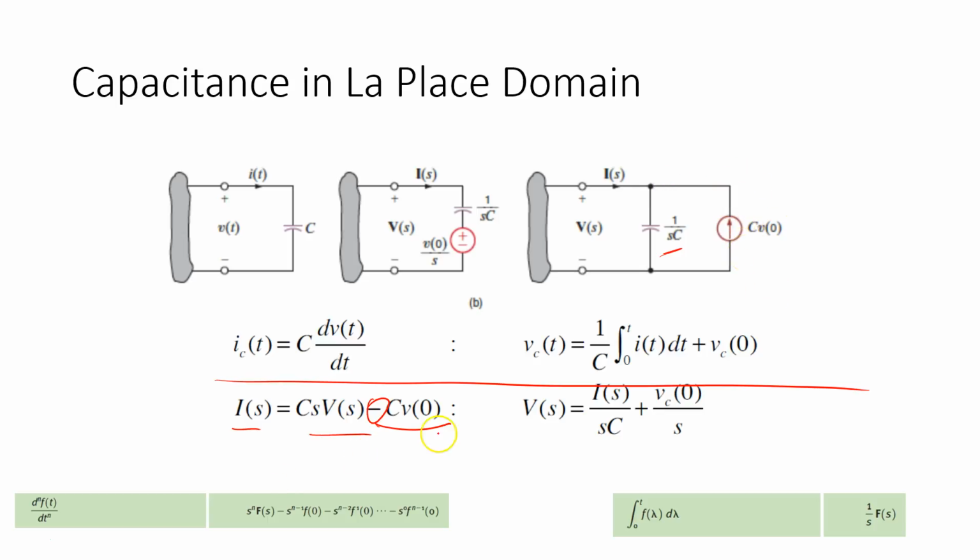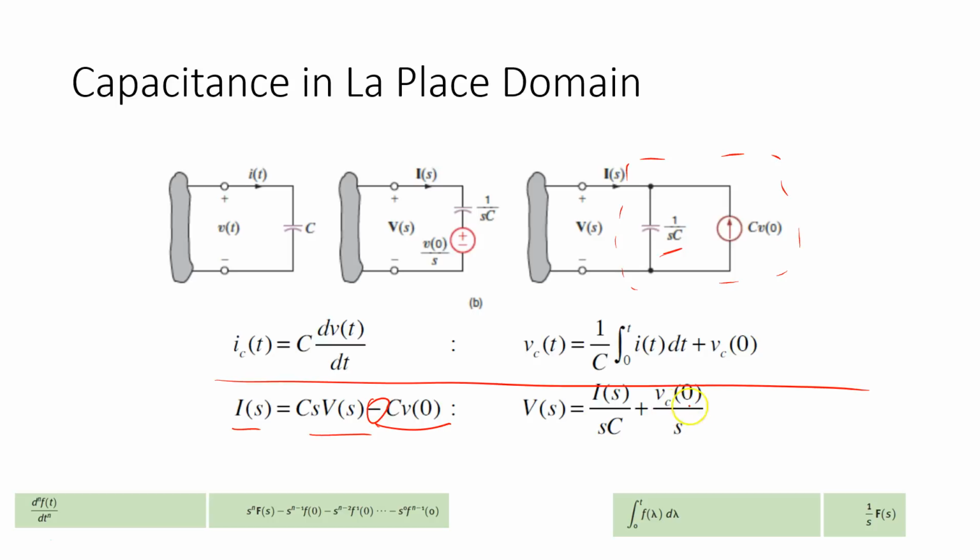Now you'll see here this is essentially a Norton form. We could also represent it as a Thevenin form. So we have I(s) on sC plus v(0) on s, which I get if I rearrange the equation, or I could do it this way from the integral. And in this case, 1 on sC, V is equal to IZ. 1 on sC is the impedance Z, which is the same from this side.